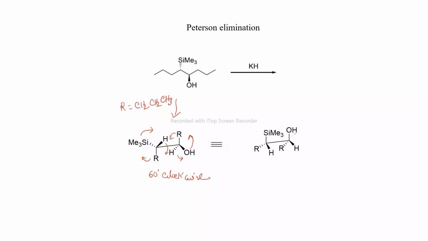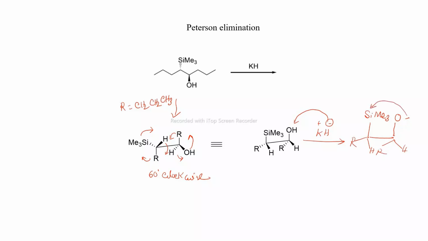And when we treat with potassium hydride, K+ H-, this H- will abstract this proton, and there will be a possibility of formation of SiMe3 and O-, R group this side, H this side, H this side, R this side. So it will come here.